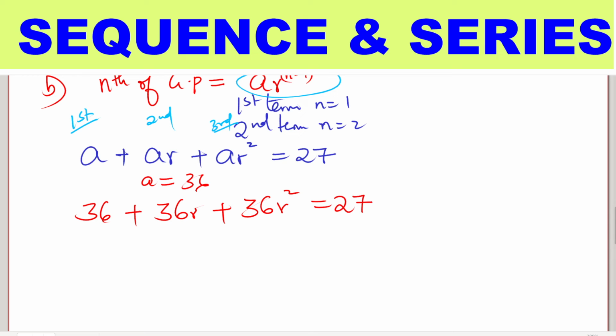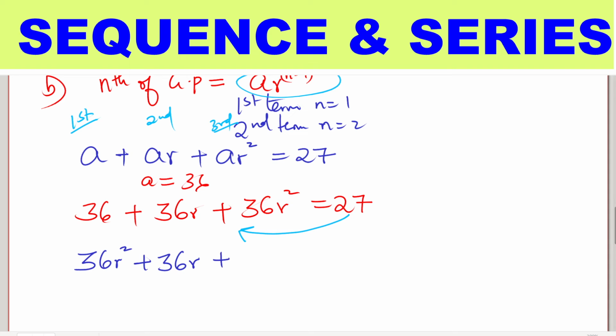So let me begin by taking 27 to the left hand side, and then I want to reorganize this since I can see this will form a quadratic equation. I begin with 36r squared, then plus 36r, then when I bring 27 to the left hand side, I'll have 36 minus 27.